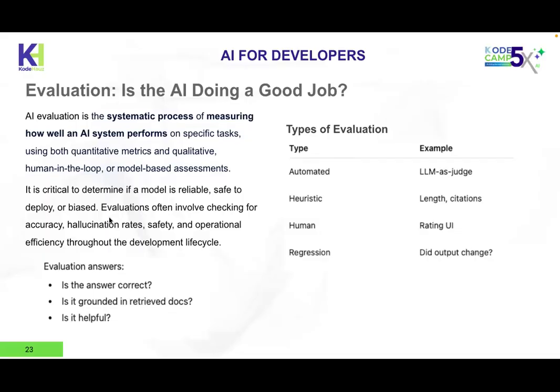You can check for accuracy. Accuracy is how close it is to the truth, at least based on the data it has or you've given to it, with respect to how the agent responds. Okay. Then hallucination rates. You know that hallucination is when the LLM begins to come up with things that are not the real thing, simply because, for some reason, it is not able to, or maybe it was not trained on that data.